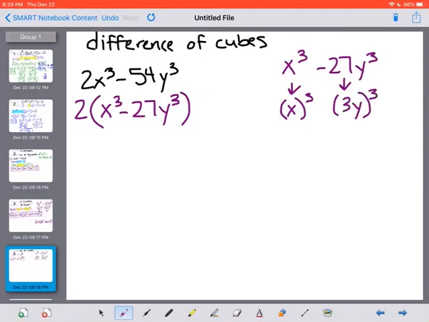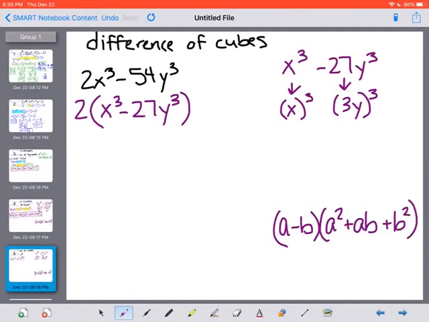So again, just so we have the rule, it's a minus b times a squared plus ab plus b squared. So bring down the 2. A is x. B is 3y.